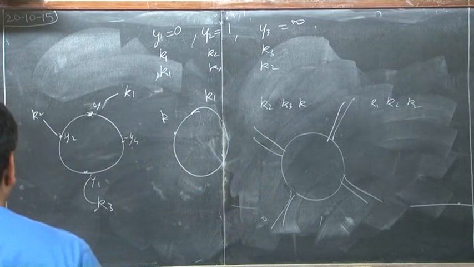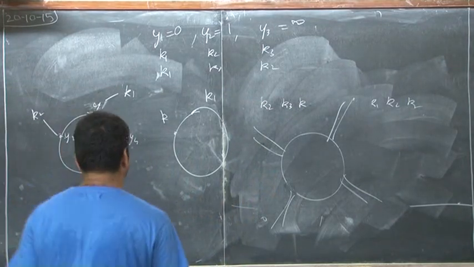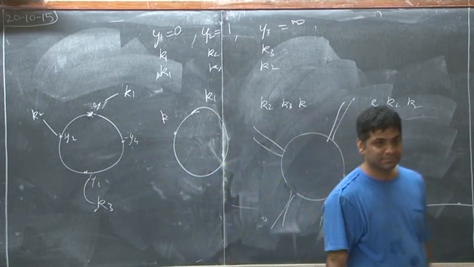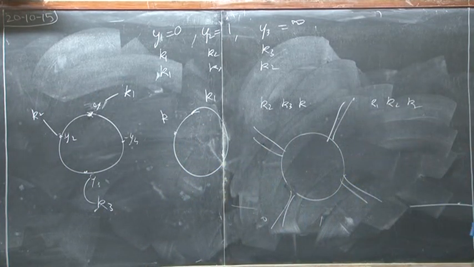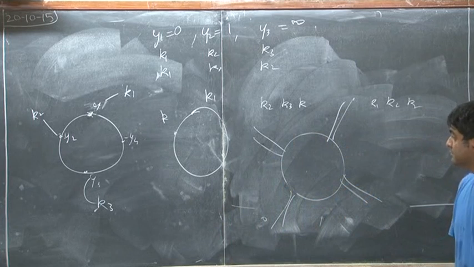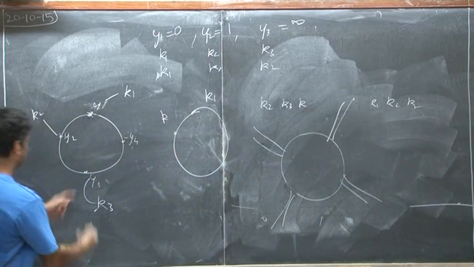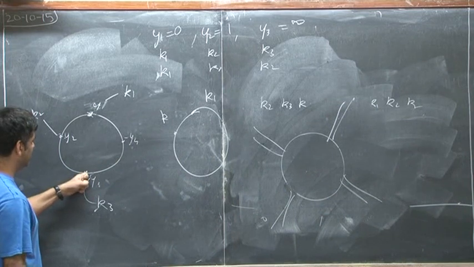Shouldn't the 0 be adjacent to infinity in that case? It is adjacent to infinity. No, if you put the K4 somewhere in between K1 and K3, then it won't be adjacent. Why do you say that?